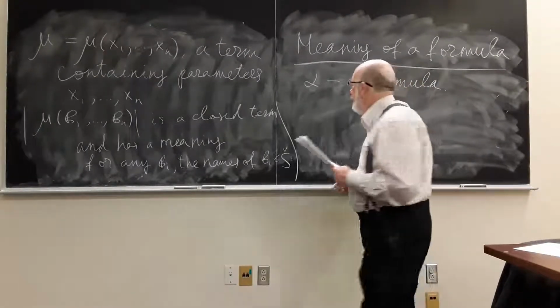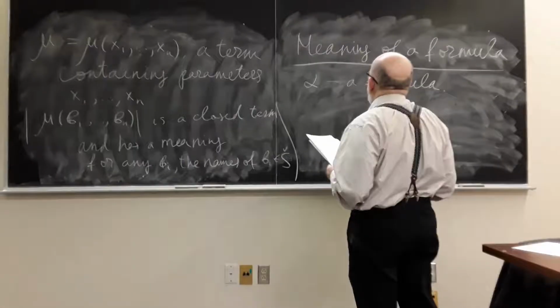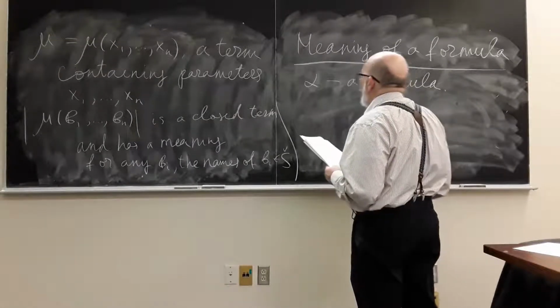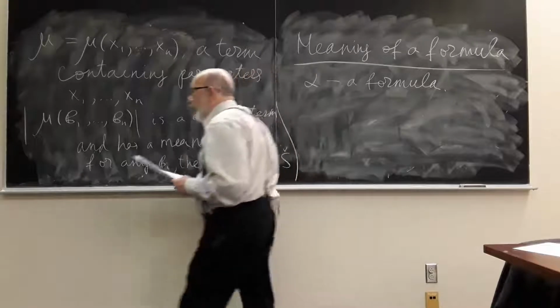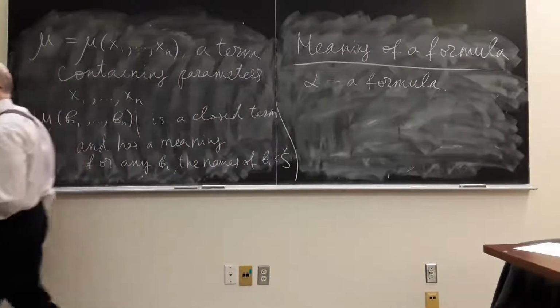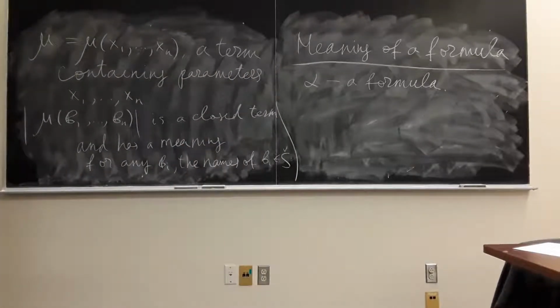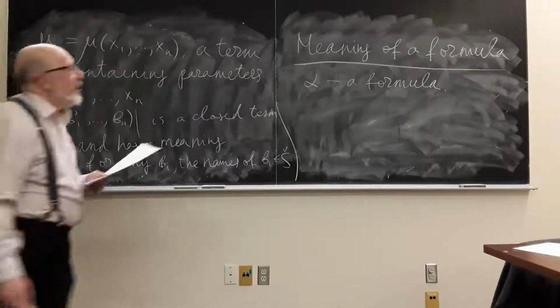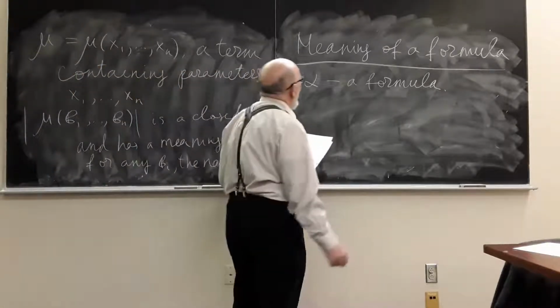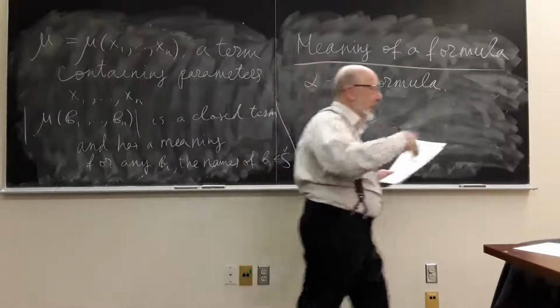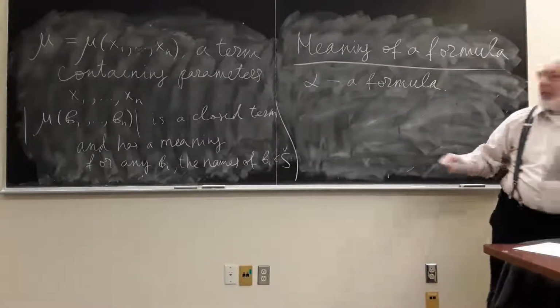Now we somehow attach to this alpha the meaning, but a formula, unlike a term, has just two meanings. It is either true or false. So we have to somehow define the value of this formula.